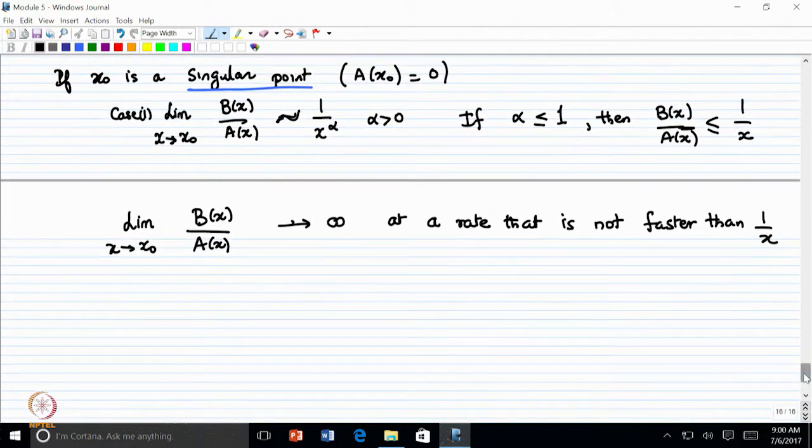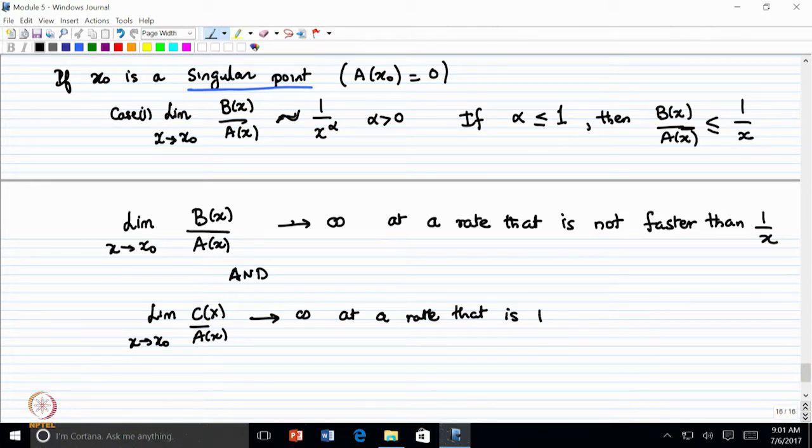So this is one condition, and I still have not completed case 1. The limit of c of x by a of x as x tends to x 0 goes to infinity at a rate that is not faster than 1 by x square.